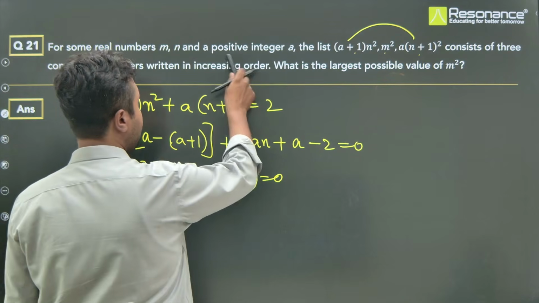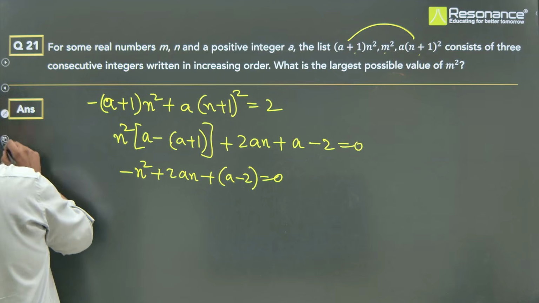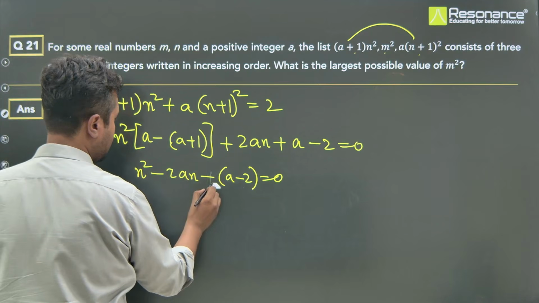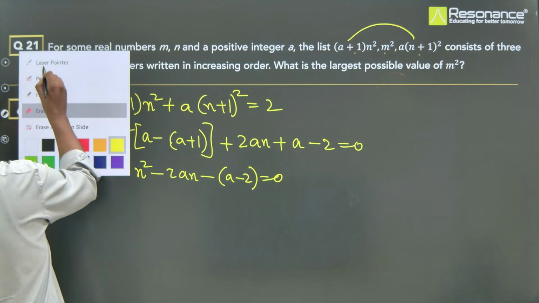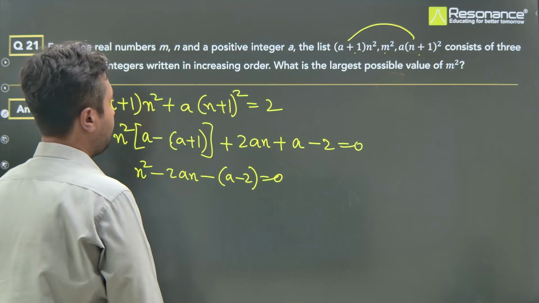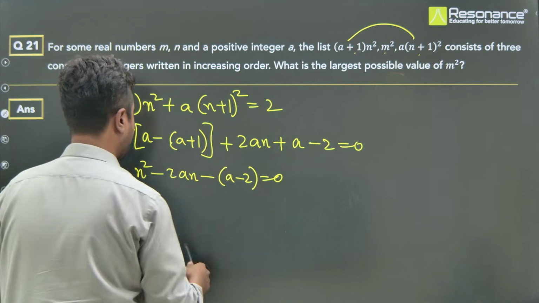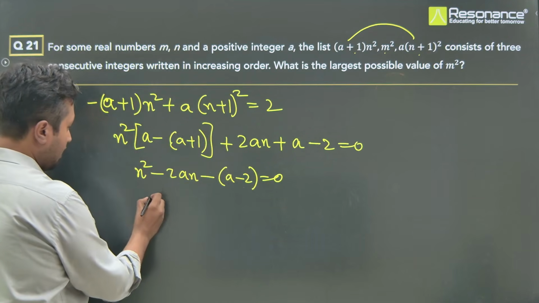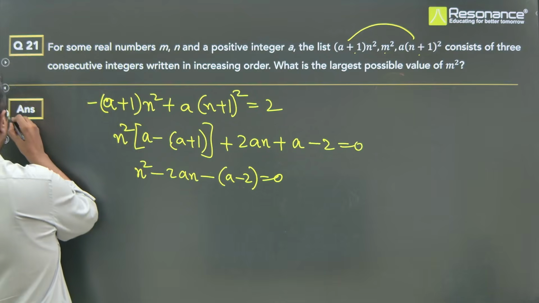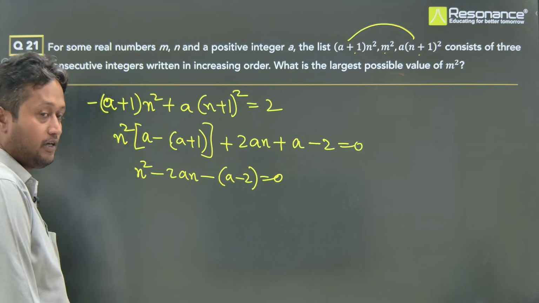And let's remember that a is some positive integer. Now we can complete the square if that's one way to do it, or else we could just say that the discriminant of this quadratic has to be greater than or equal to 0, right?